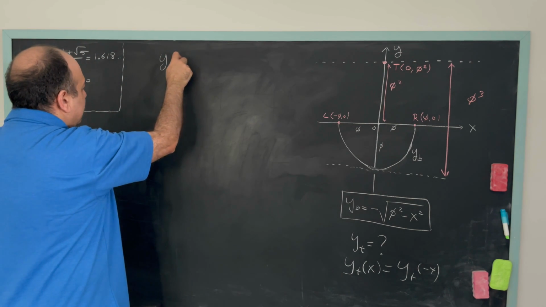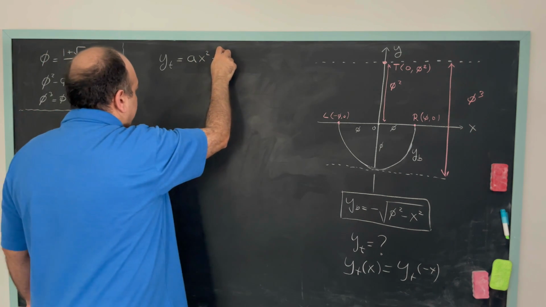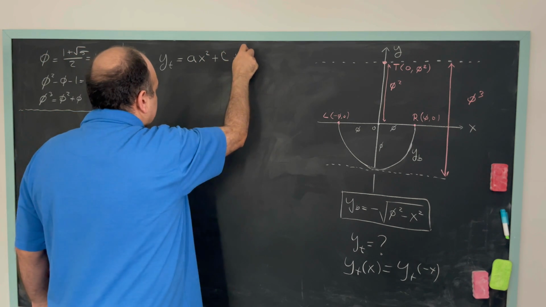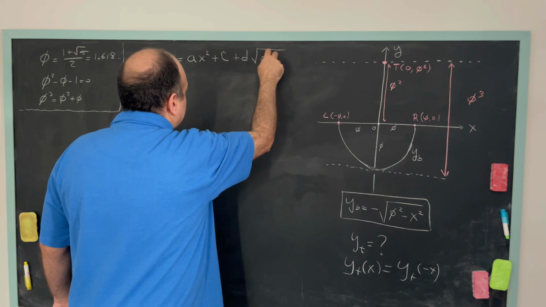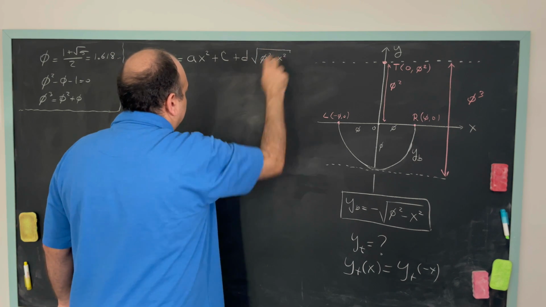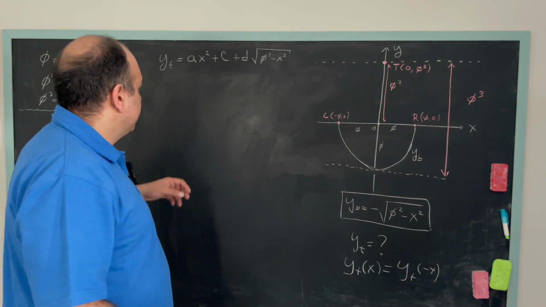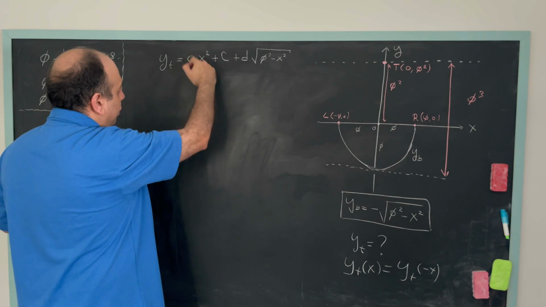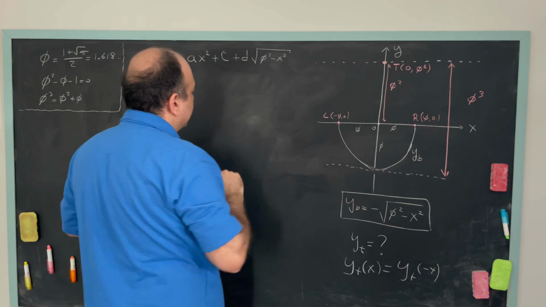So y top is going to be equal to a x squared plus c plus d times the square root of phi squared minus x squared. A, c, d are constants here. In addition to this quadratic term, I've added another term which looks like that.